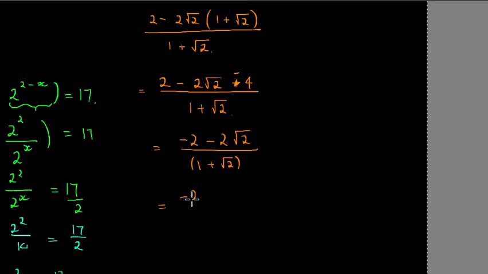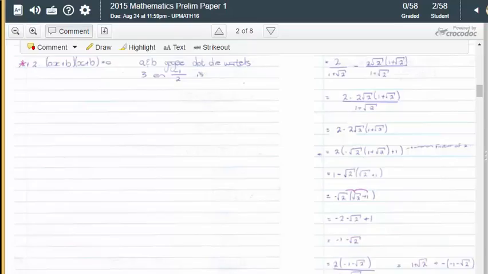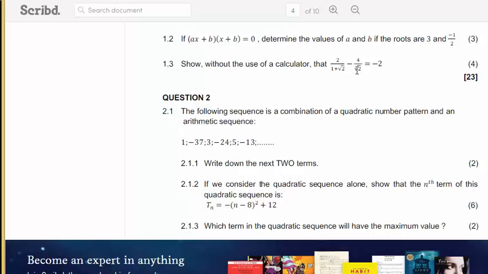So I take out a -2 as a common factor. I'm left here with a 1, and there with a 1, plus square root 2, and that can cancel with my 1 plus square root 2. And that's where I get my final answer, showing that the expression is equal to -2. Okay, that's question 1. Next video, question 2.